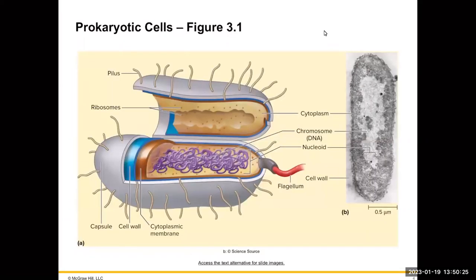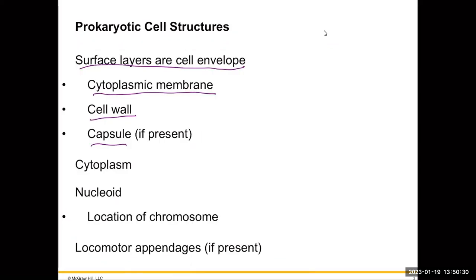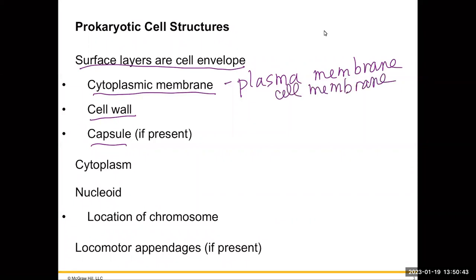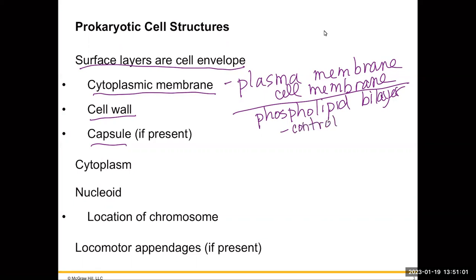Okay, so the cytoplasmic membrane, lots of times we call it the plasma membrane or the cell membrane. Okay, so this is the phospholipid bilayer that goes around the cell and basically regulates what comes in and out of the cell. So controls cell transport.